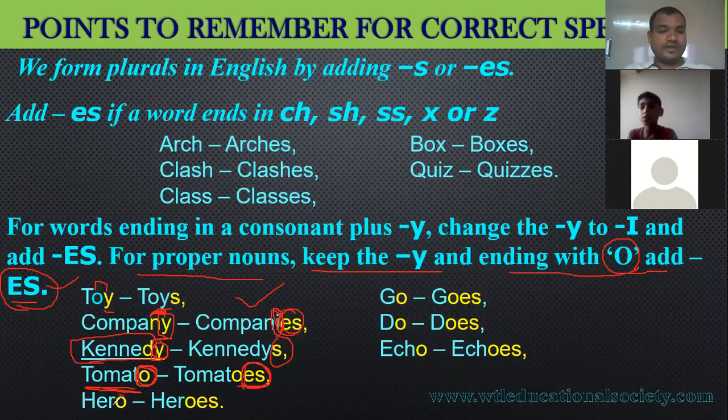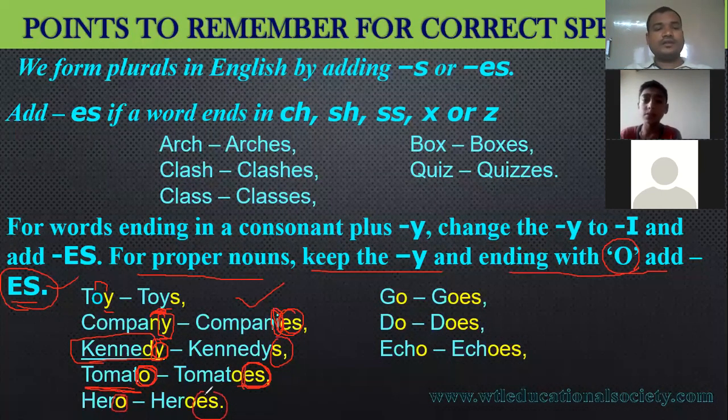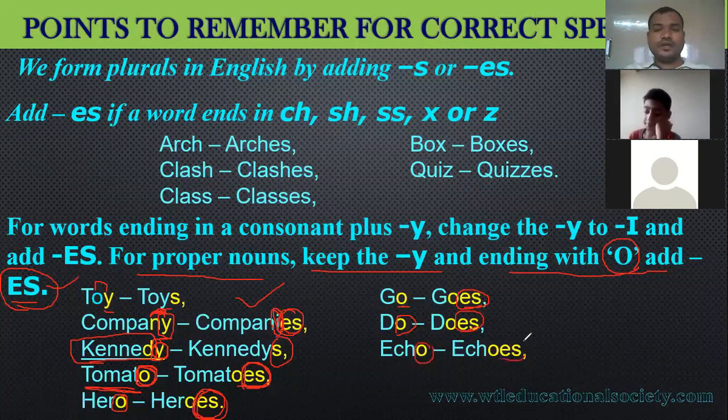In a similar way, hero, heroes. The word ending is O, so we added ES. Similarly, go, goes. Next, do, does. Next, echo, echoes. Like that.